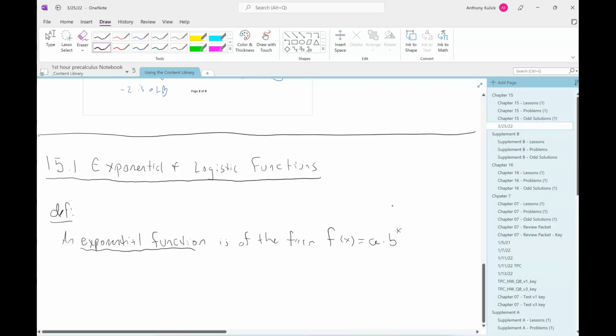Our exponential function is something of the form a times b to the x.